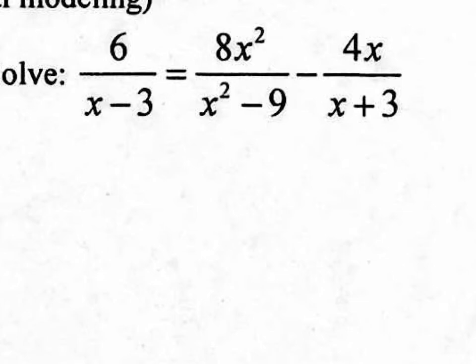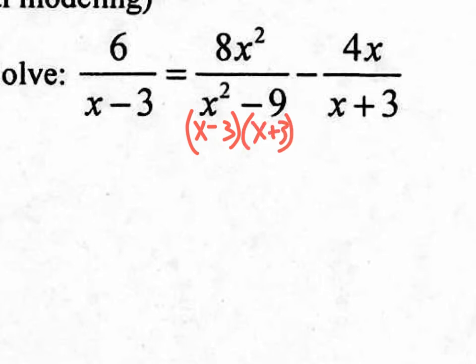But we could get rid of all fractions at once by multiplying everything by the LCD of all the fractions. So if we take a look at this second example, we have x minus 3 here. Right here we have x squared minus 9, but that really could be rewritten to x minus 3, x plus 3.